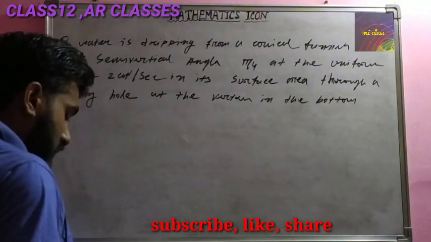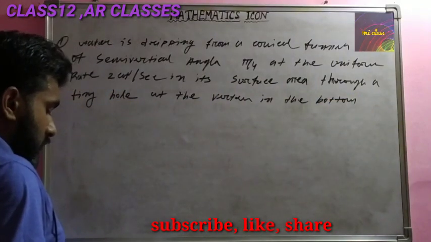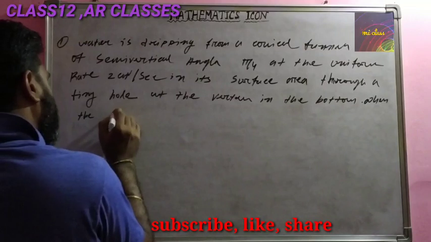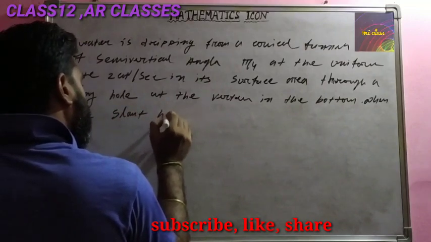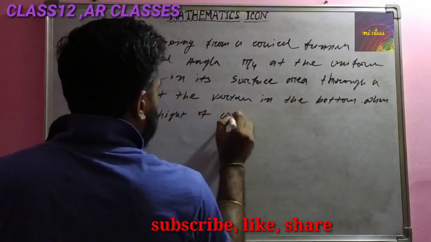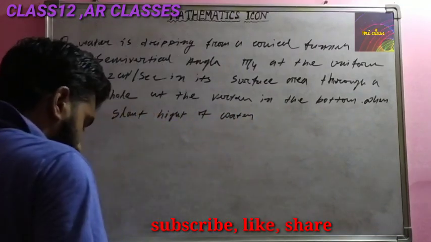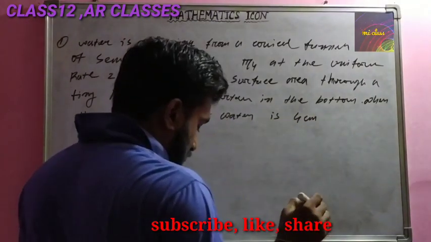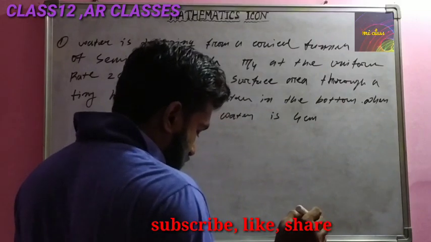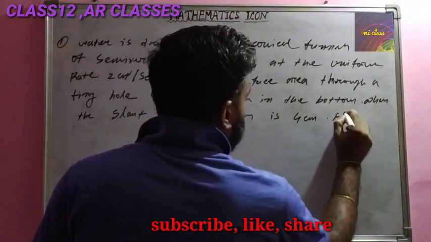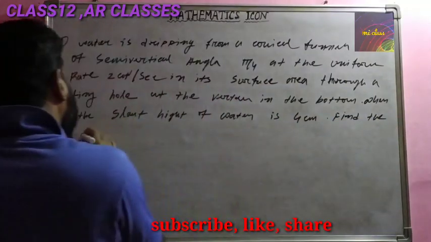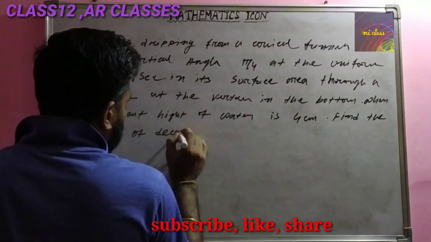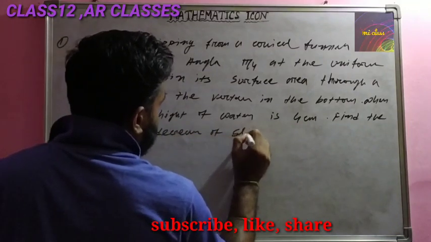When the slant height of the water is 4 centimeter, find the rate of decrease of the slant height of the water.